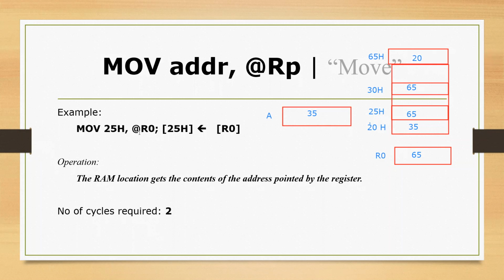So here the source is pointed by a register Rn. The register is R0, and R0 is pointing to the memory location 65 hex. So from the 65 hex location, the data is transferred to the 25 hex location. The destination is the 25 hex memory location and the source is pointed by the register R0.